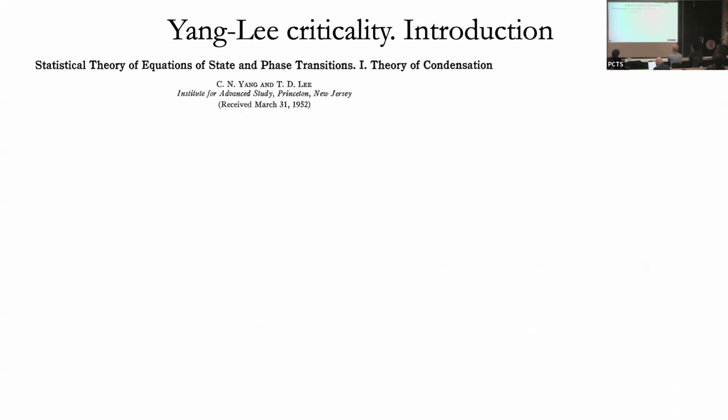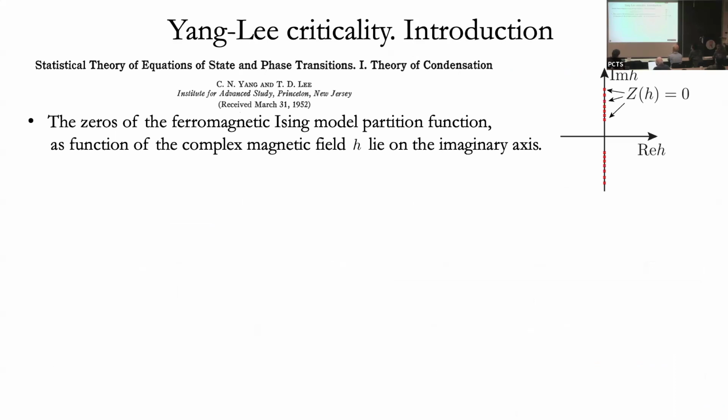So there was this seminal paper by Yang and Lee in 1952, where they studied zeros of the partition function of the ferromagnetic Ising model across different dimensions. And they studied this partition function of the Ising model as a function of complex magnetic field.